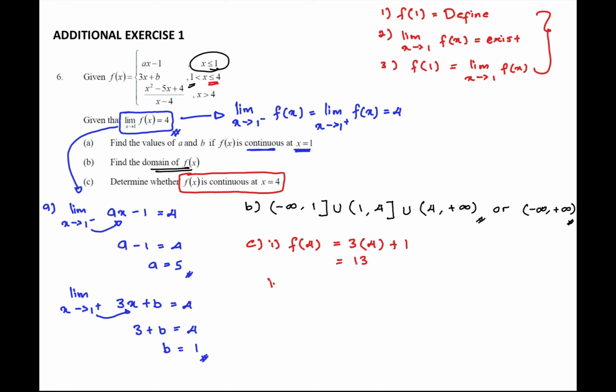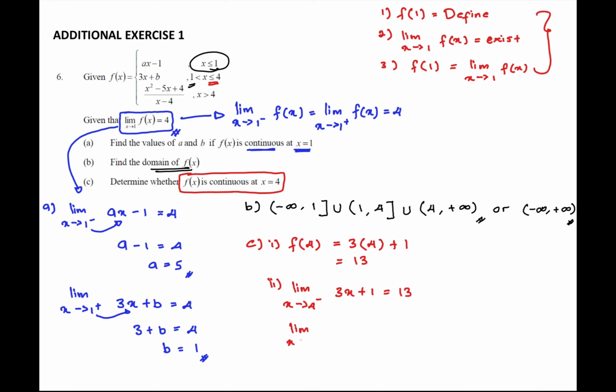Next, you must find whether the limit exists or not. In order to determine whether the limit exists, we must check from the left and from the right. So the limit as x approaches 4 from the left, which is less than 4, which is 3x plus 1, also equals 13 when we substitute x with 4.